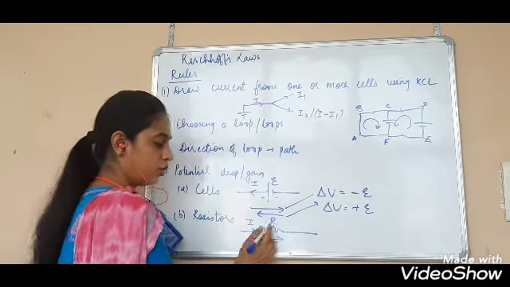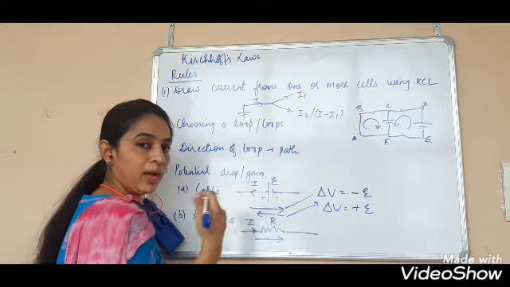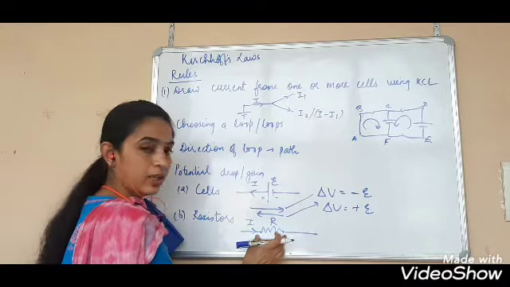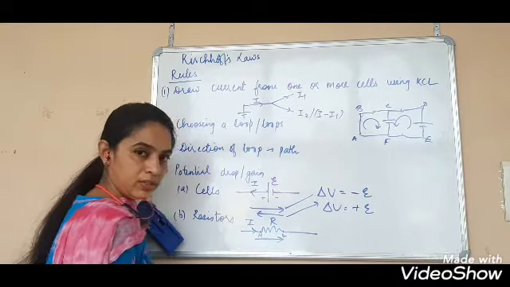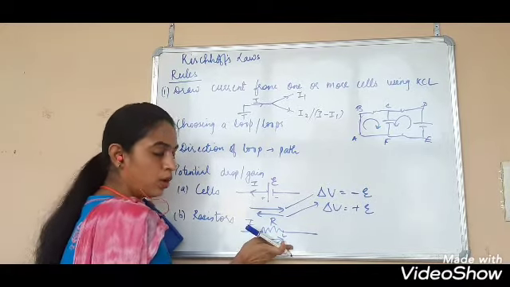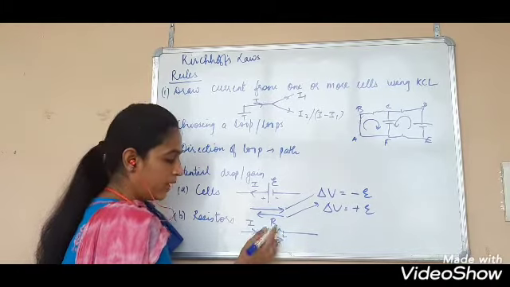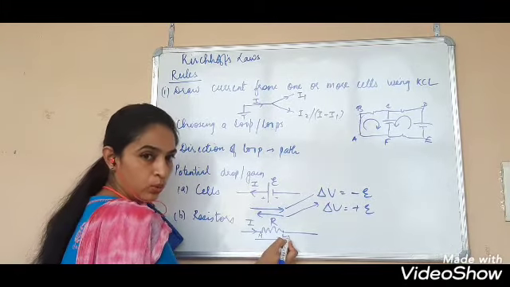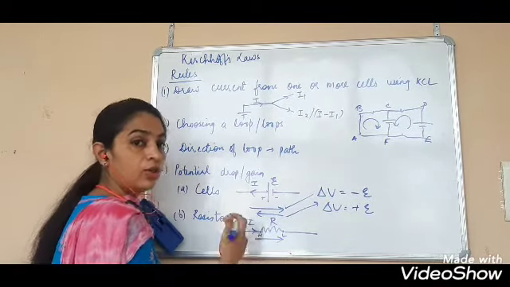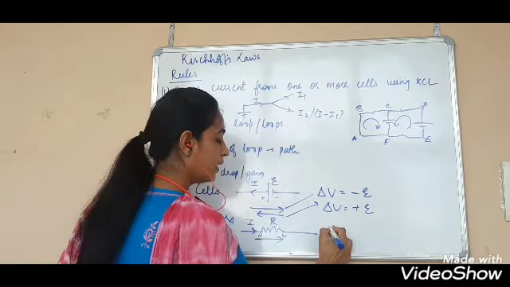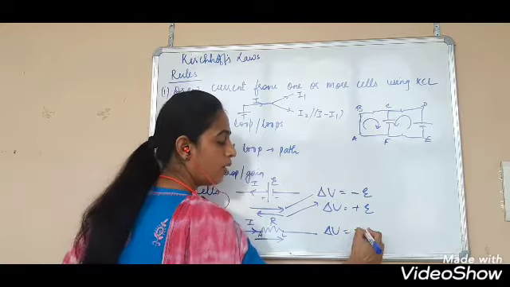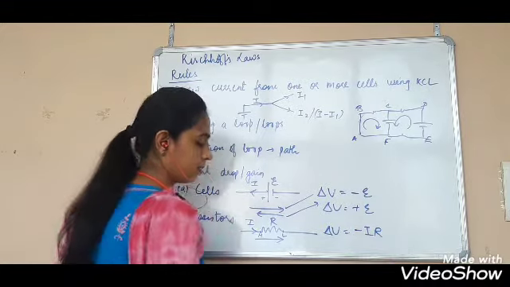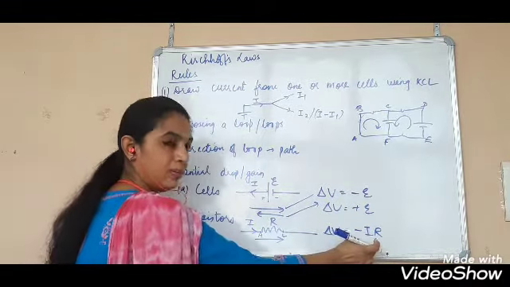Current always goes from higher potential to lower potential, so in the resistor this becomes the higher potential and this becomes the lower potential. When you are going clockwise, you are going from higher to lower. Again, there is a drop in potential. So delta V in this case will be equal to minus IR. Okay, drop will be negative.